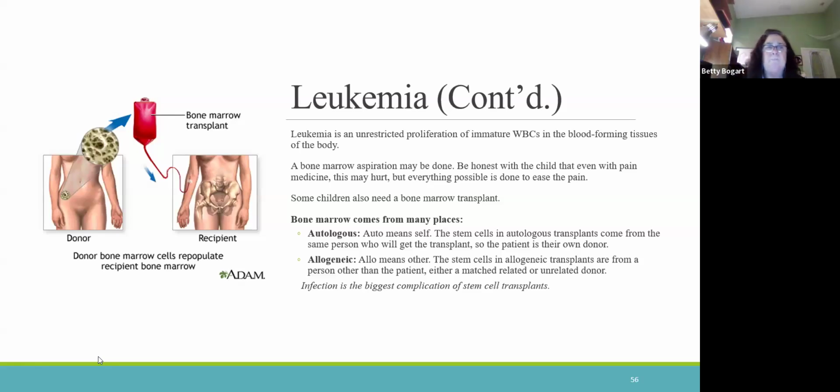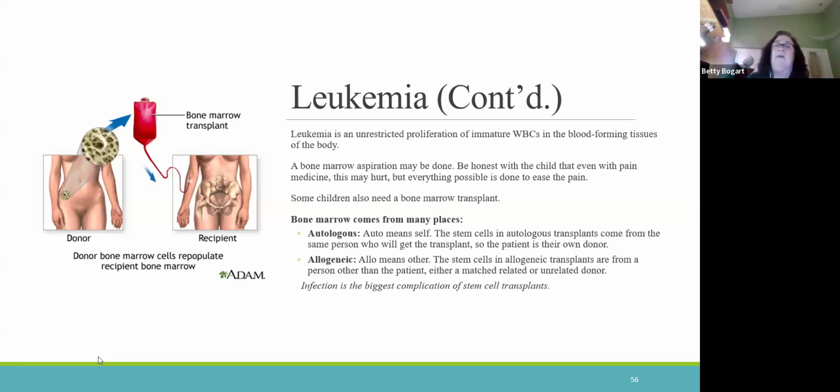Where does it come from? Well, some parents have the money to be able to save their cord blood on their newborns. Many don't because it's expensive. It's like, do I buy groceries or do we save cord blood? But if perchance we had it, if I got my own bone marrow, it's autologous, or automatically mine, is the best.